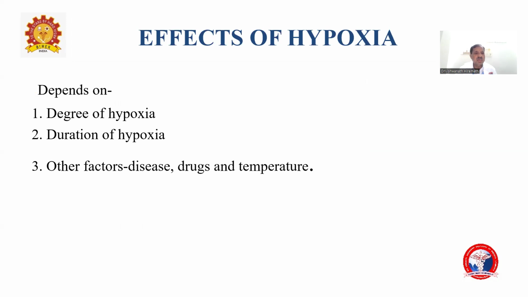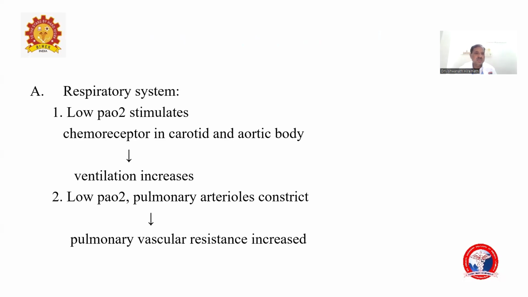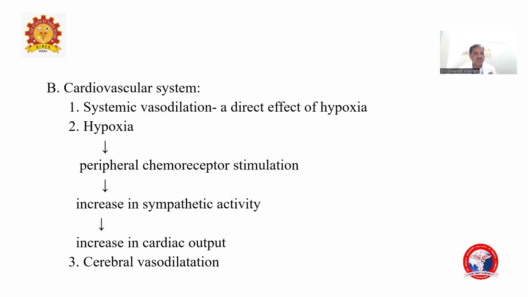Effects of hypoxia depend upon the degree and duration of hypoxia. Other factors like disease and drugs will also contribute. In the respiratory system, low PO2 stimulates the chemoreceptors in the carotid and aortic bodies, leading to increased ventilation. Low PO2 also leads to pulmonary arterial constriction, increased pulmonary vascular resistance.